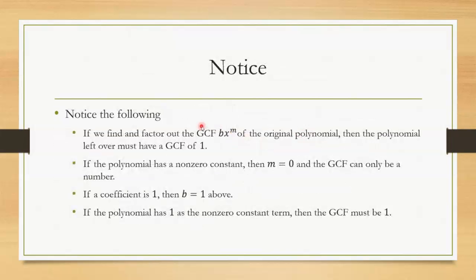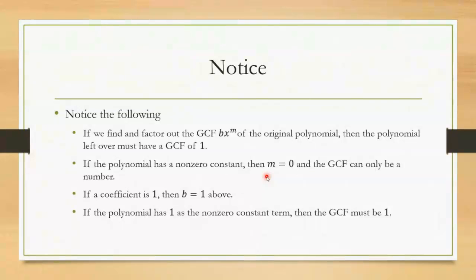And that's really one of the notices on this screen over here, that the terms of the polynomial left over will have a GCF of 1. And this is just something else I said before. If there's a non-zero constant term, that tells you the m has to be 0.